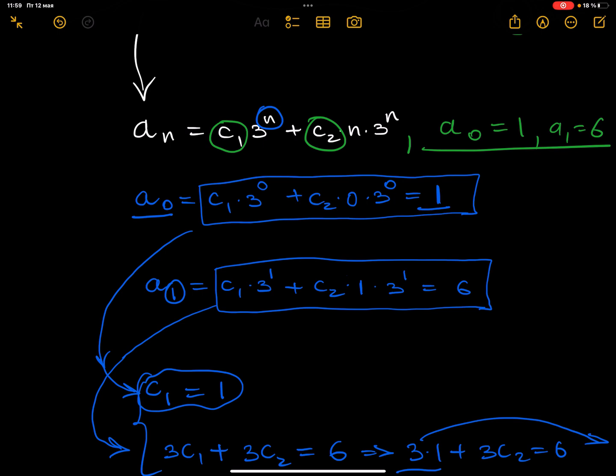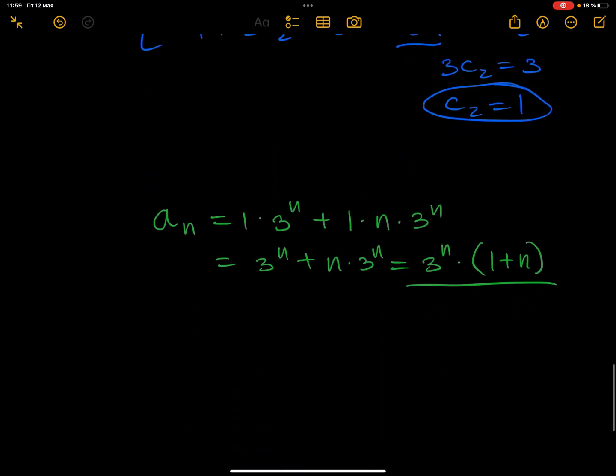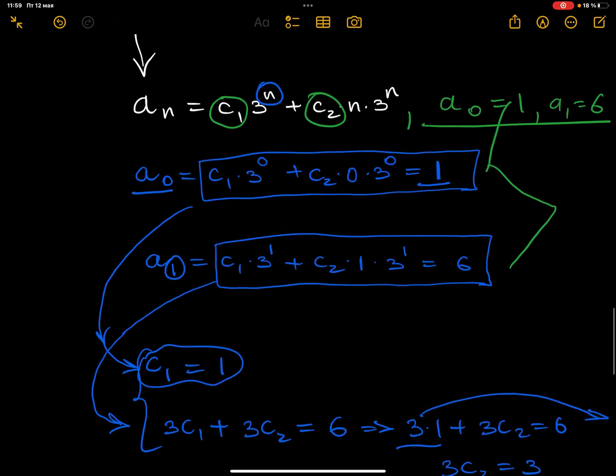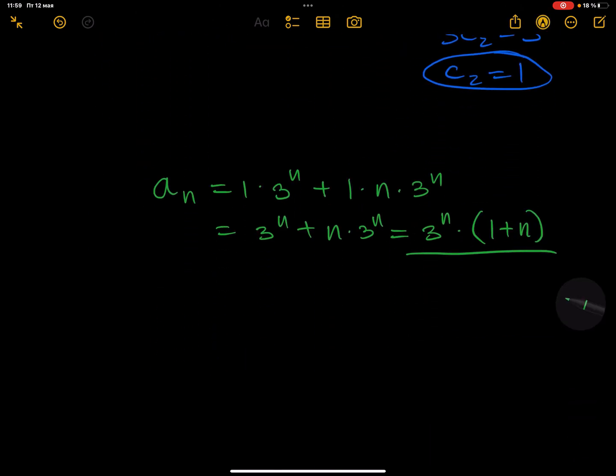Instead of n we put also 1, so we got these 2 equations, and simply we solved them and found the values of c1 and c2, which are 1s. So finally we substituted these values here, and we end up with our final solution, which is this one. This is how you solve a homogeneous equation.